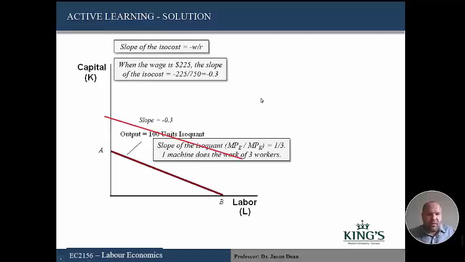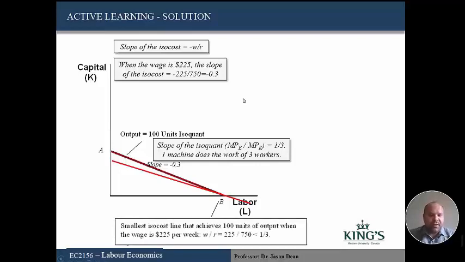So we have our new isocost line, and in order to find the cost-minimizing amount of capital or labor to produce 100 units, we take the isocost line and pull it down until it becomes tangent to the isoquant. We want the lowest isocost line that is still tangent to the isoquant, so we can still make the 100 units. And in this case it's going to be at B, so we're only going to use labor.